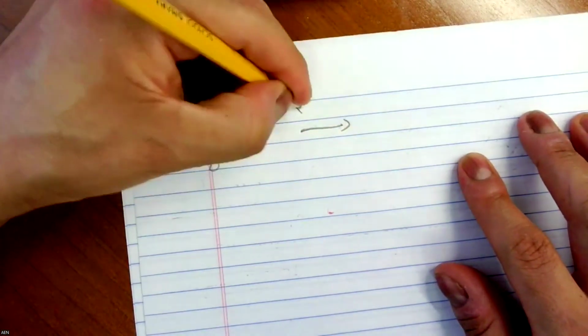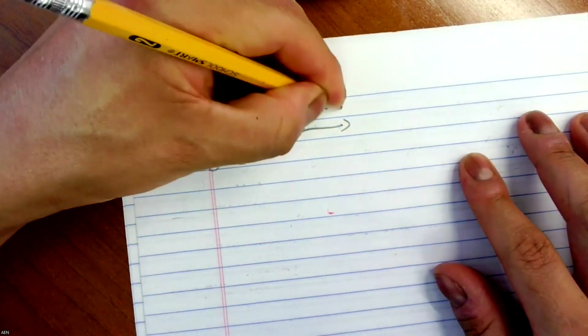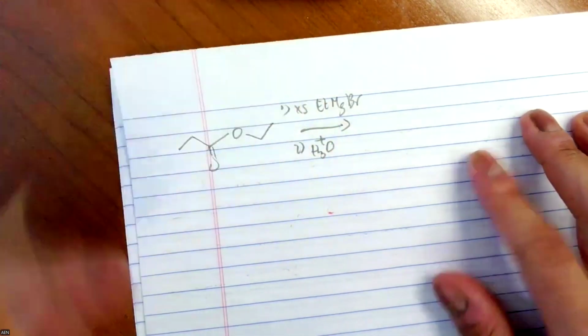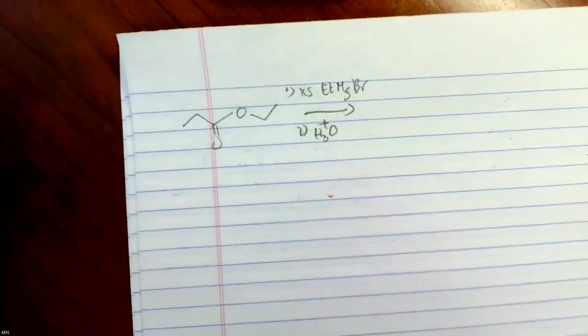Let's say here I have excess ethyl Grignard followed by H3O plus.